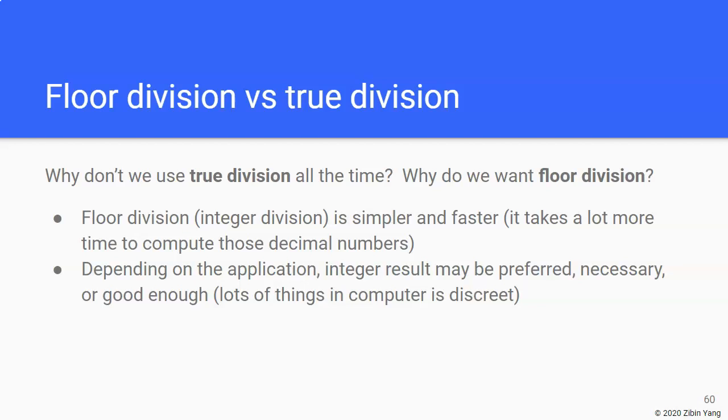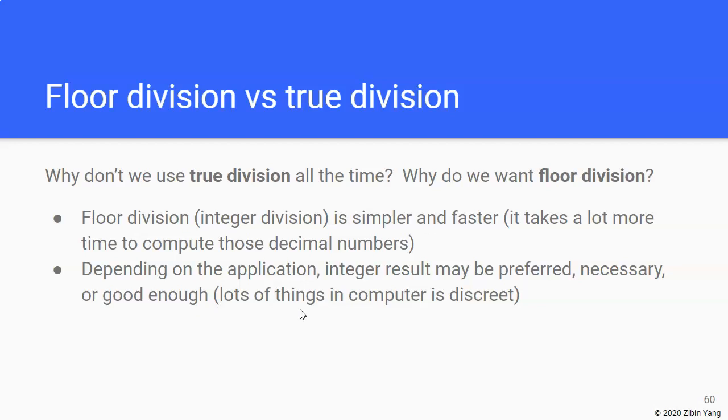And for something that is simpler, it's usually a lot faster. So if you want to do the true division using floating point numbers, it takes a lot longer than floor division. So if you want speed, and if integer division is okay, that's what you want to do.